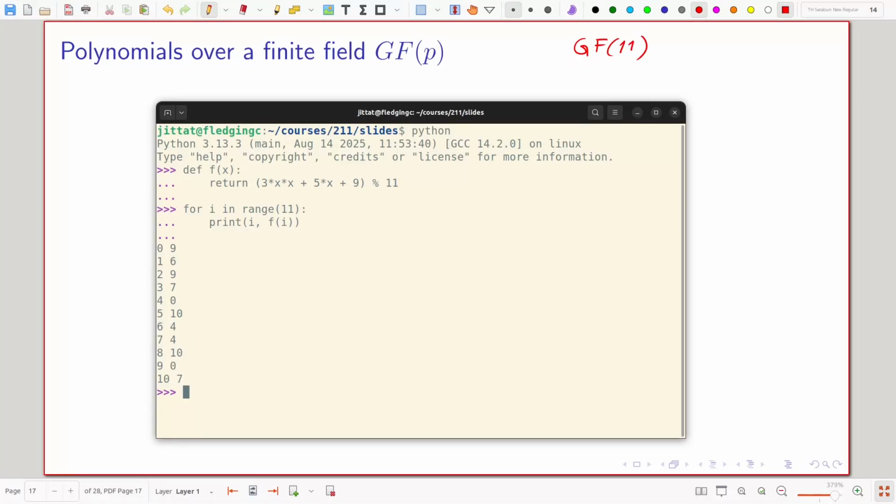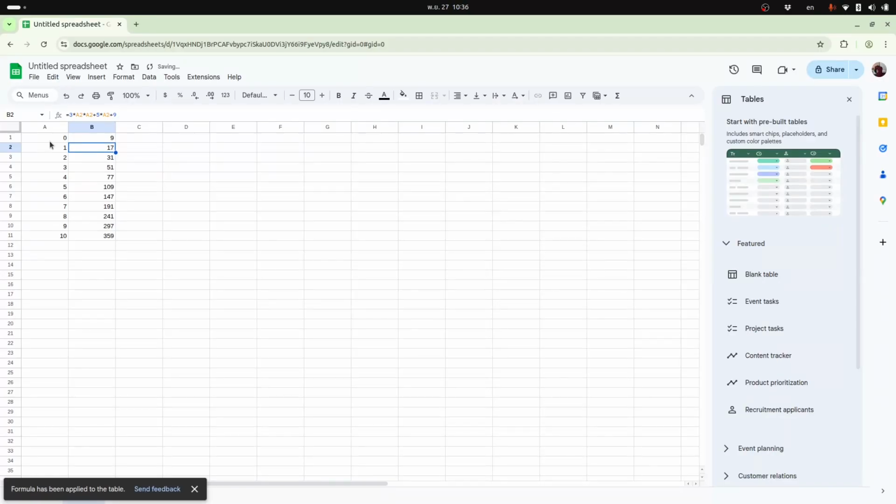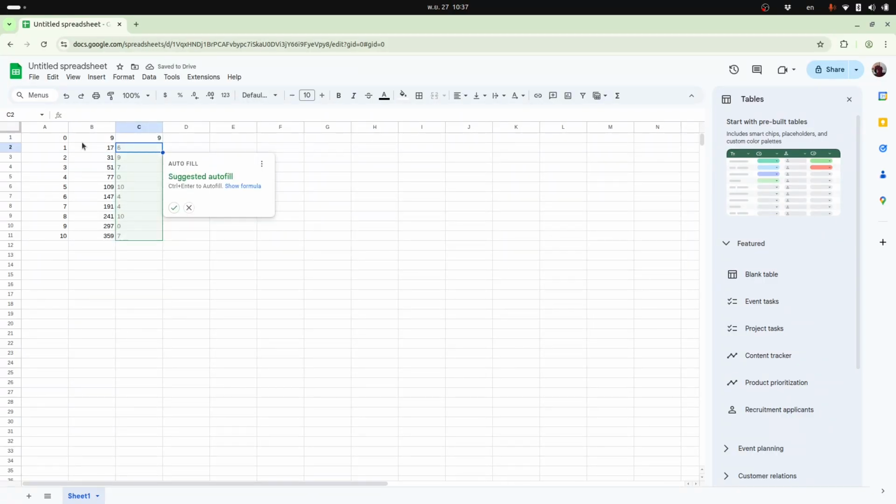So let's see the actual parabola. So the function itself looks like this. If you plot it, it's going to be a typical parabola. Okay. But if you mod the whole thing, you get exactly the same thing, okay?